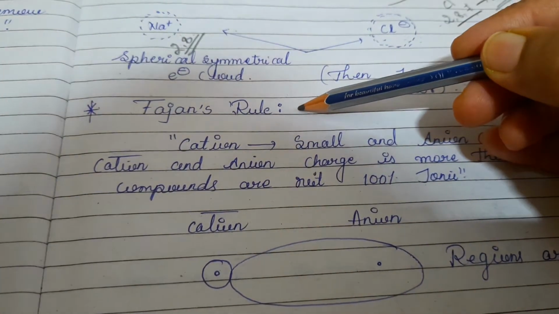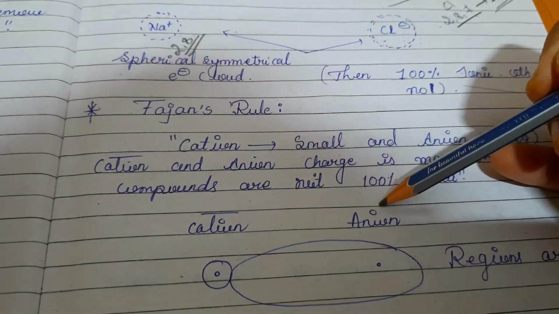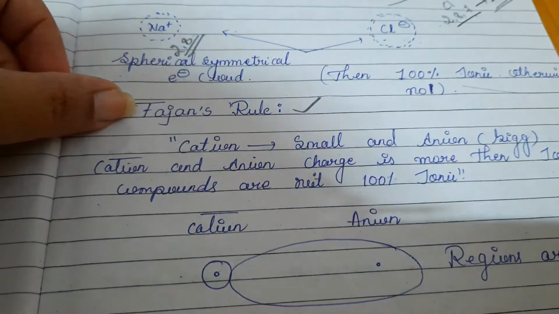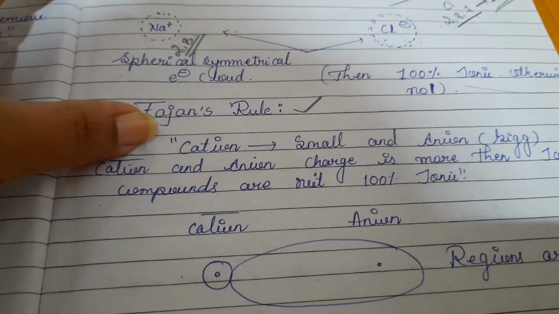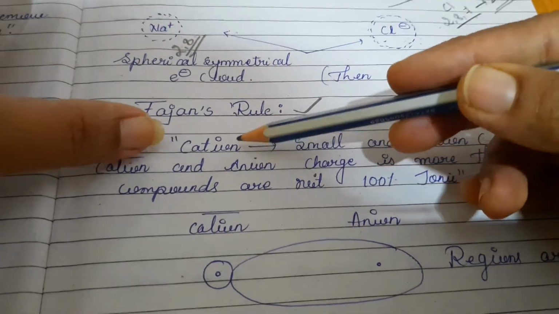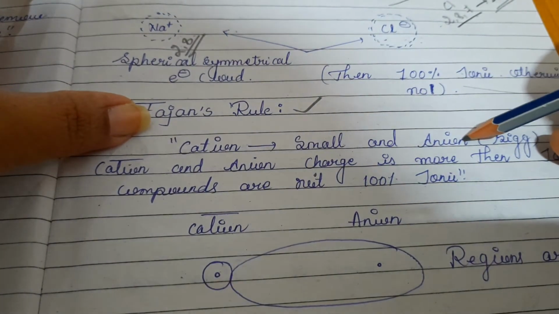Say for example, we have some cations. All these polarizability properties of molecules are mainly explained by Fajan's rule. So what exactly Fajan's rule tells us, we will discuss here. Consider a small cation and a big anion.